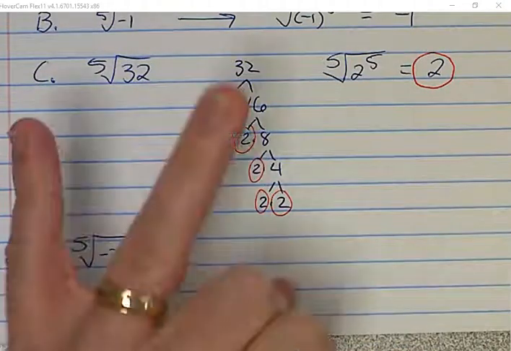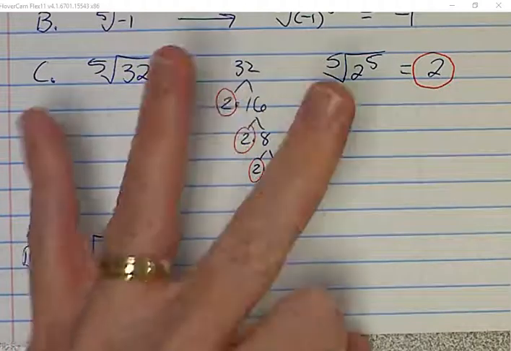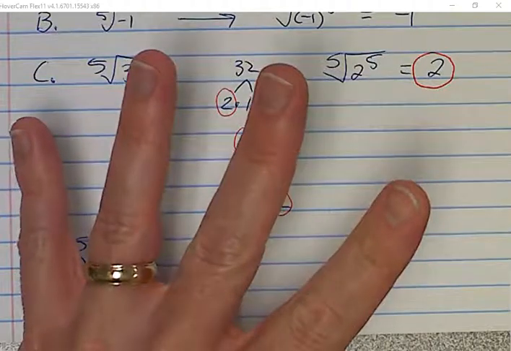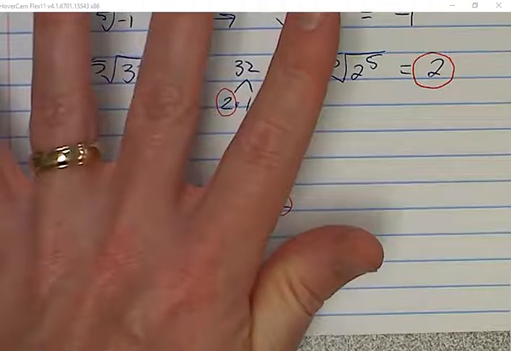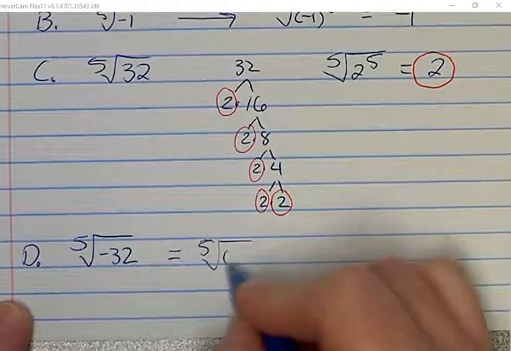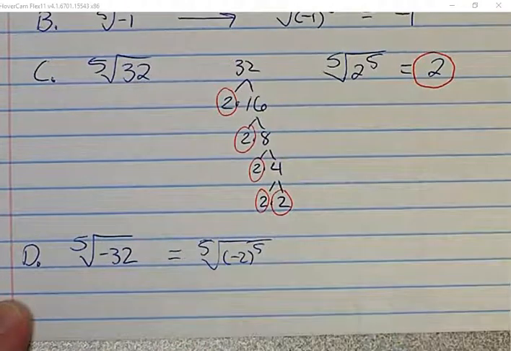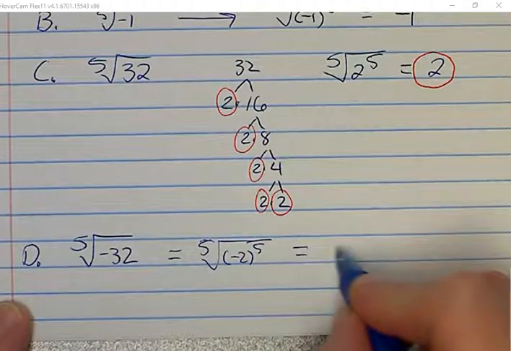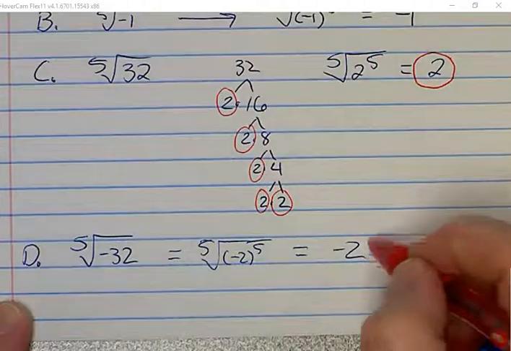Because a negative times a negative is a positive. One more negative makes it negative. One more is positive. The fifth one makes it a negative. So that's going to be a negative 32. So for that one, we would just make it negative 2 to the fifth power. And again, the fifth root and fifth power cancel each other out. So that would be a negative 2.